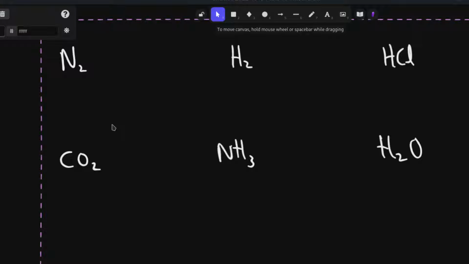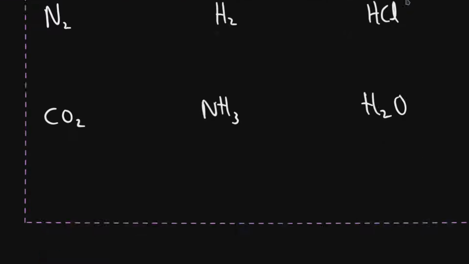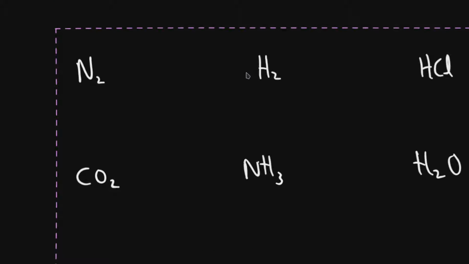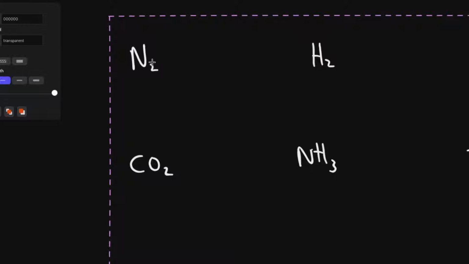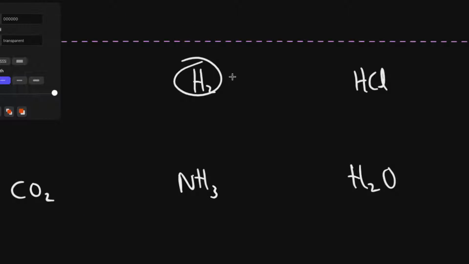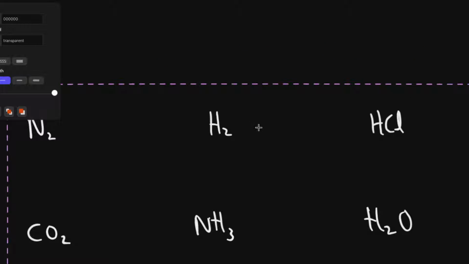Now let's make a couple of structures and understand how they form, right? So let's make the structure for hydrogen. How would we evaluate how many bonds there will be, and first of all, how would we represent a covalent bond?